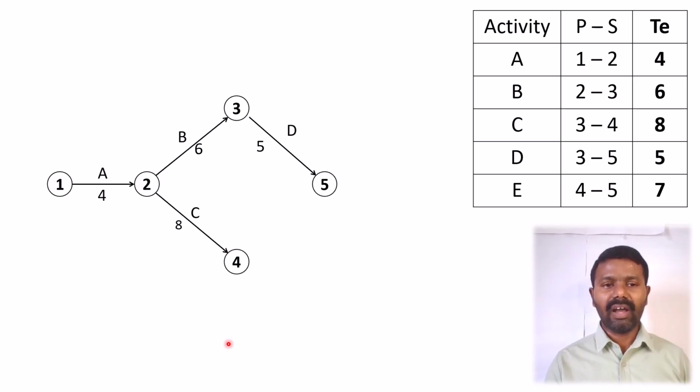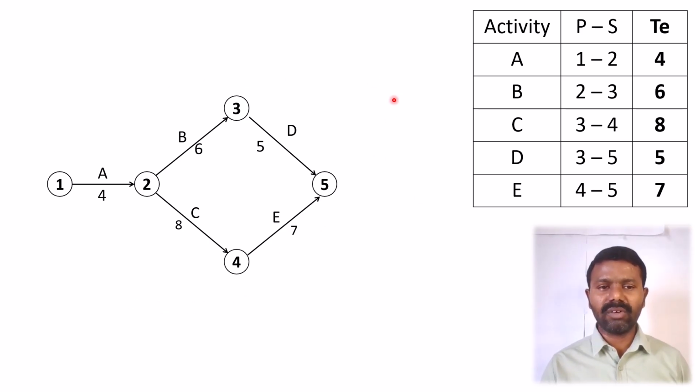D is 5, and the C is starting from 3 to 4, there is a mistake here, and then D is starting from 4 to 5. I think there is a mistake in the problem, but this is how it came here. Okay, now we can easily calculate if you consider this model. So here C is 8 and E is 7 and B is 6 and D is 5.